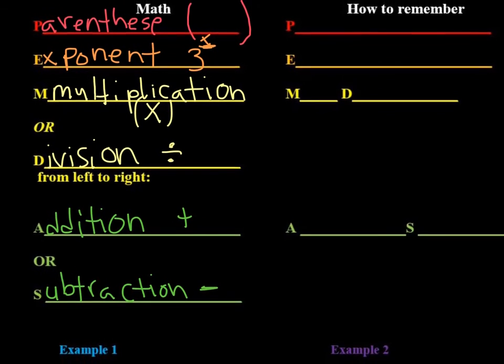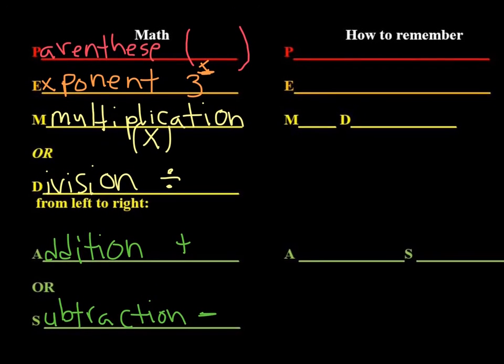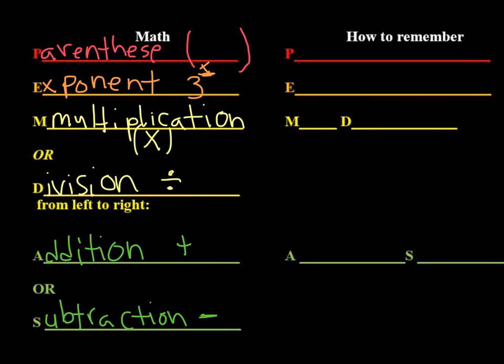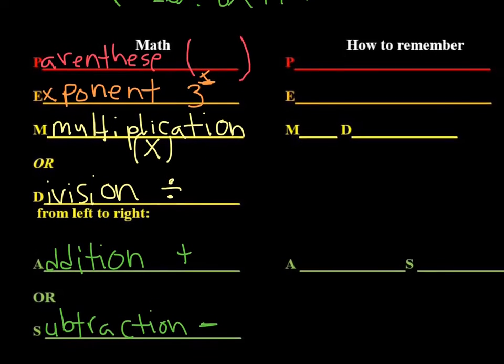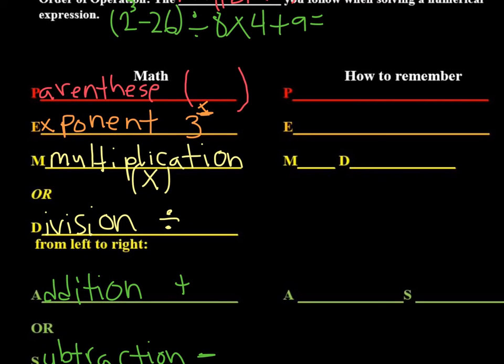Alright, so I'm going to slide this back up just a little bit so we can see the whole thing. So this whole thing here, PEMDAS, again, that is pronounced PEMDAS. And this right here is the rule of how to solve an equation that looks like this.